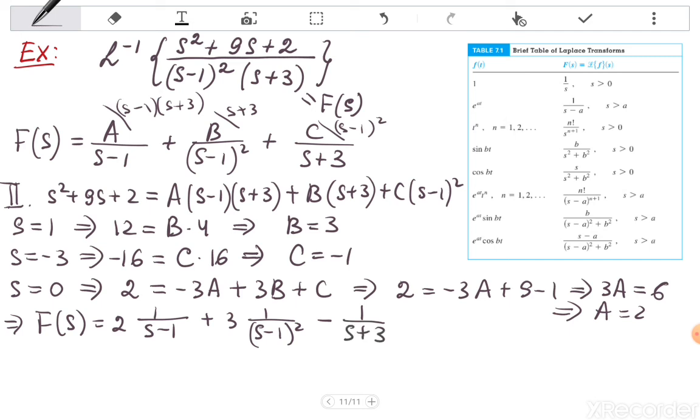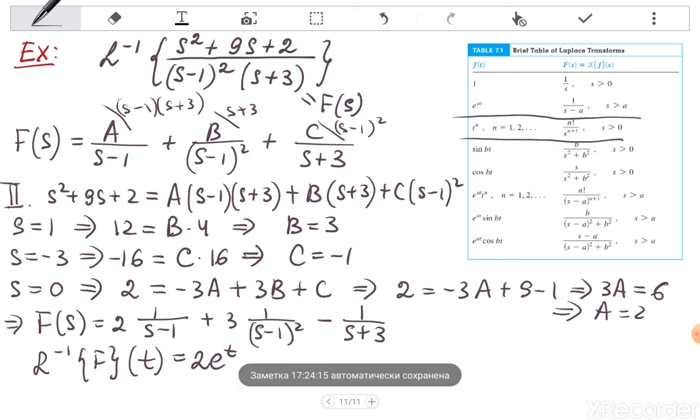Using this expression we can now easily find the inverse Laplace transform of F at a point t. For the first summand, we use this line of the table, so this is 2e to the power t. For the second summand we use this one for n equals 1, so 3 times t times the displacement by 1, which is e to the t.